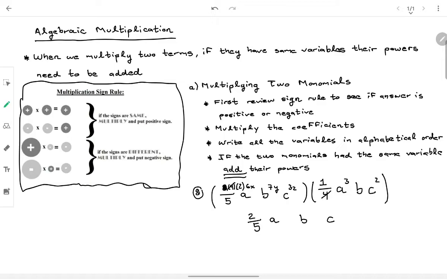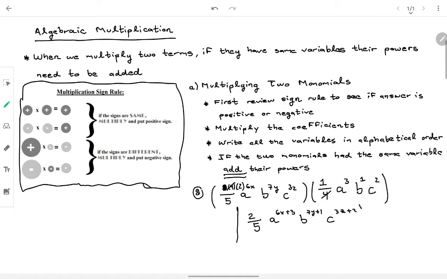Then we will need to add the exponents. So we will put it like a to the 6x plus 3. Then b, we got 7y plus 1, and c, that it's 3z plus 2.